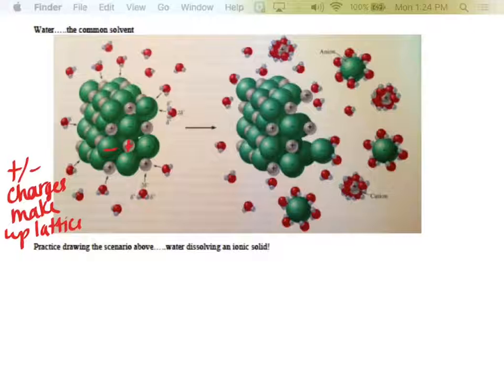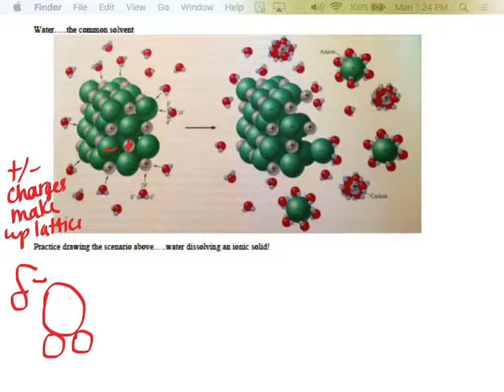So what you're going to see is you have your salt, and water, because of how it's made up, wiggles its way in between each one of those positives and negatives. So let's draw a water molecule. Here is my oxygen and my two hydrogens. The oxygen has what type of charge? Negative. So this is a partial negative.